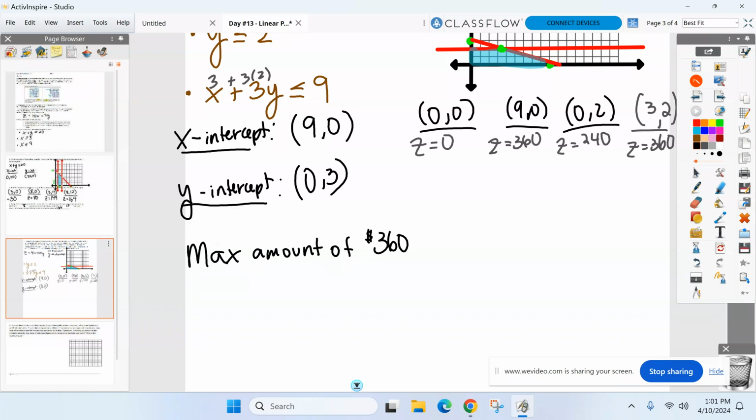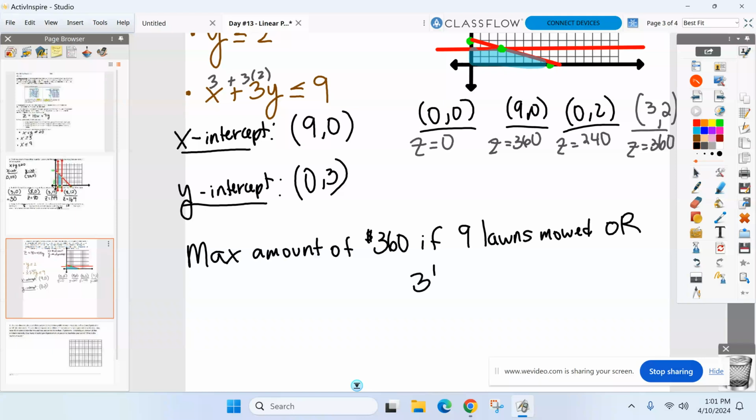if, this is the part I'm really interested in, if you do what? There are 2 different scenarios where you can get 360. Give me one. If you do what? 9 lawns mowed. Thank you. Or how else can you make 360?